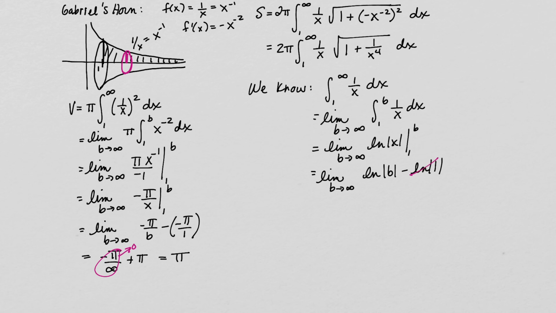Natural log of 1 is 0. When I plug in infinity, we have the natural log of infinity. Infinity is a giant number, and remember, the natural log grows forever. So this whole thing just becomes infinity. It's not the integral I was looking for, but it's an integral that goes to infinity. It just blows up.